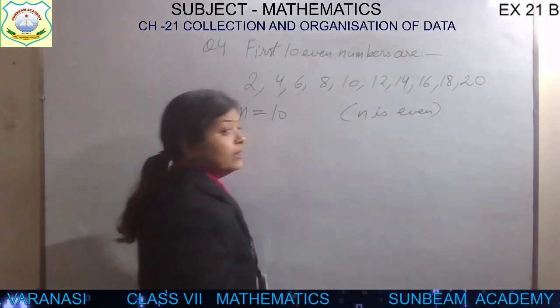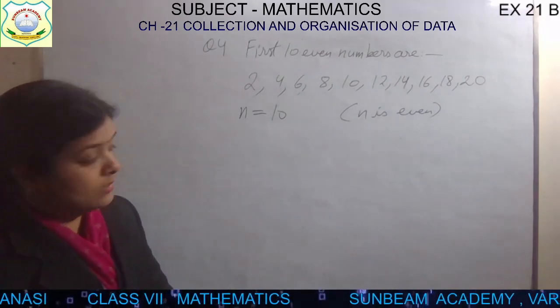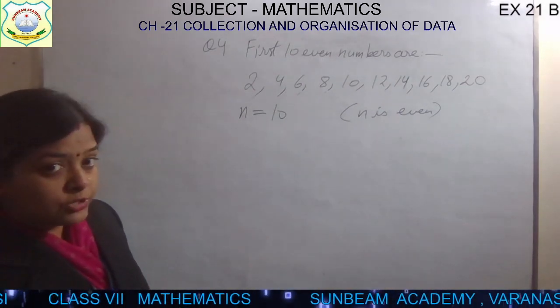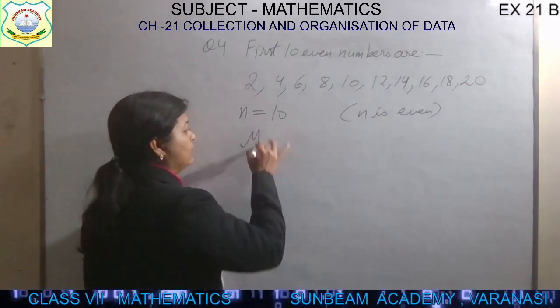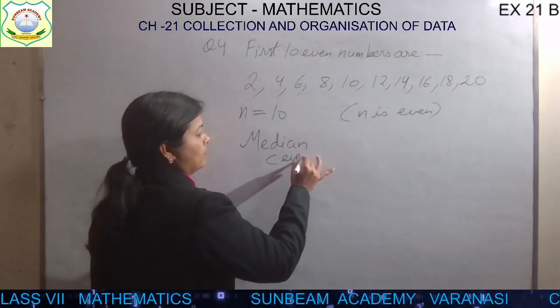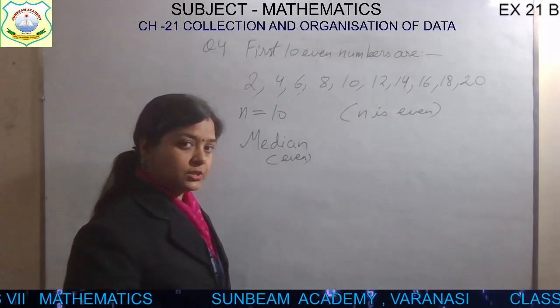And for finding the median when the number of observations is even, what is the formula, children? If you remember, write it down. No need to wait for your ma'am. Write down the formula and then match it.